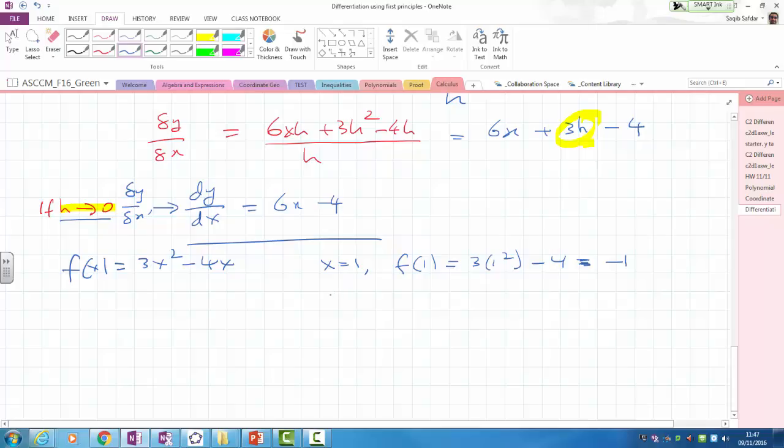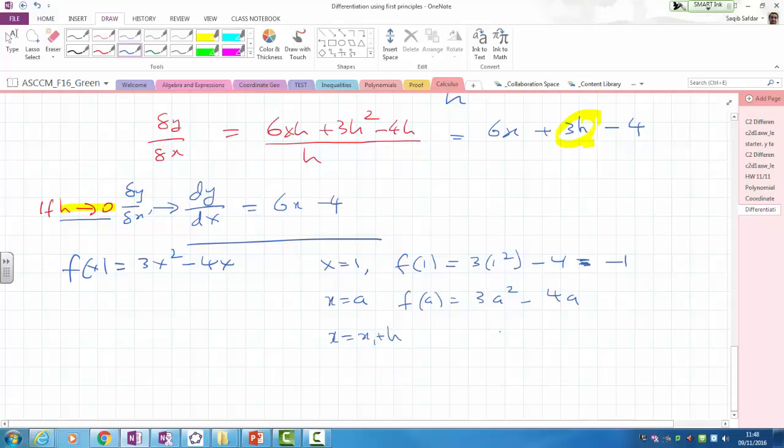If I say, alright then, what about when x equals some letter a? What would my y be then? f of a, which is 3 times a squared, take away 4 times a. What if I say my x is some value of x plus h?